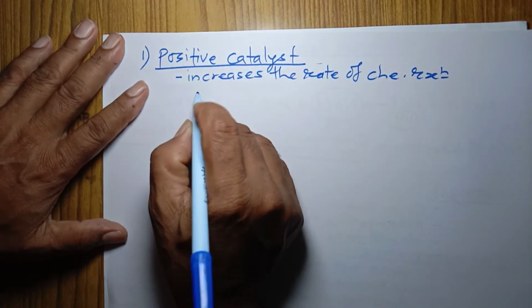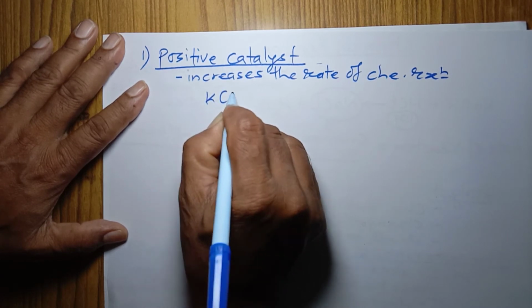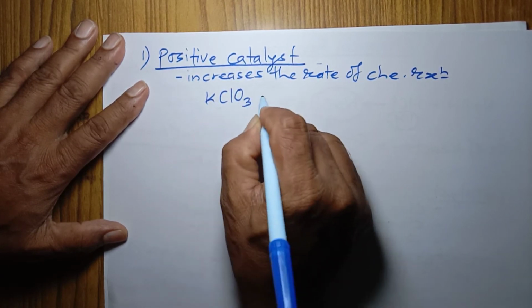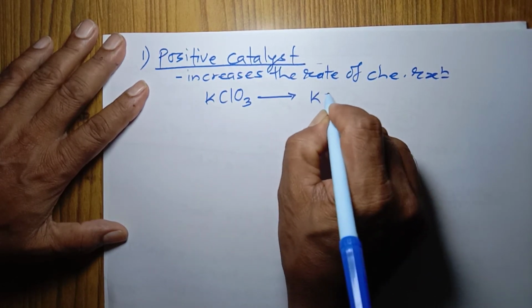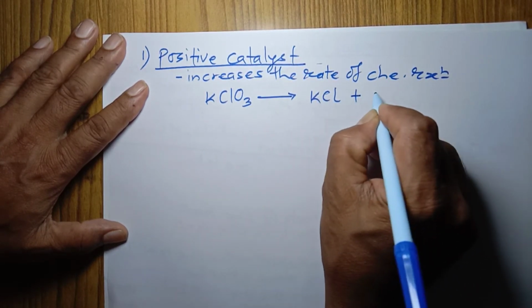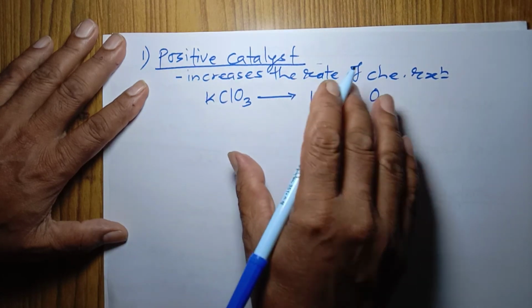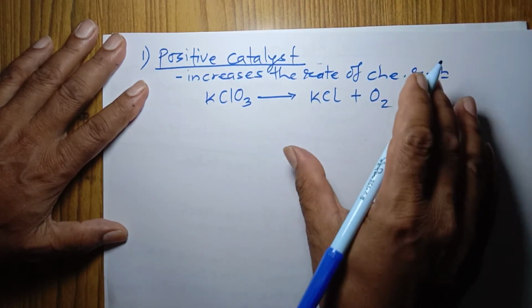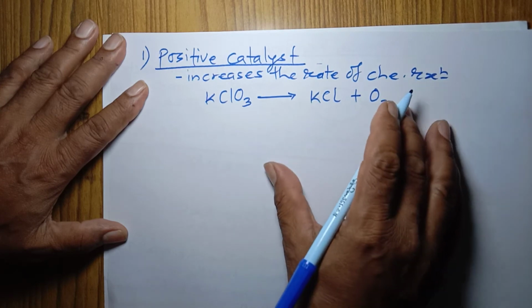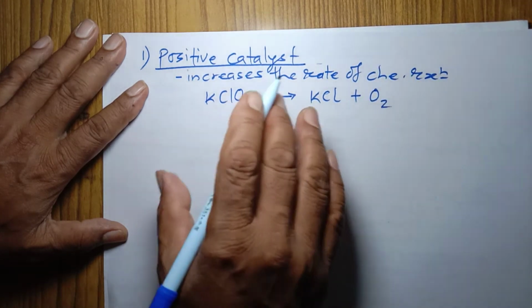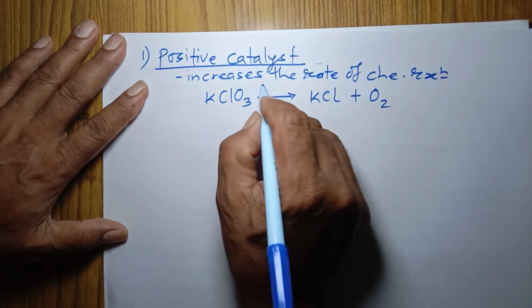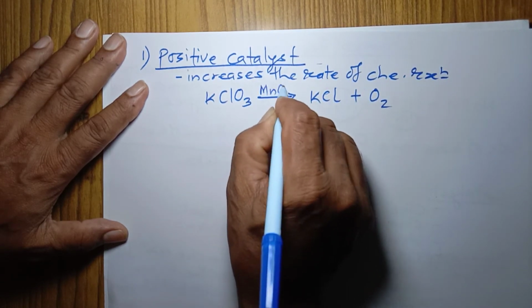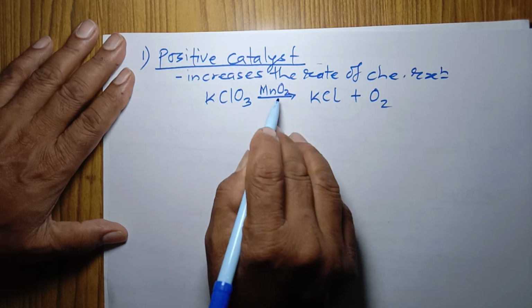We can take an example also. When potassium chlorate is heated, it requires a very high temperature to decompose into potassium chloride and oxygen gas. This is one of the methods of preparation of oxygen gas in the laboratory, the heating method. But the same reaction can be done at low temperature if we use manganese dioxide as a catalyst.